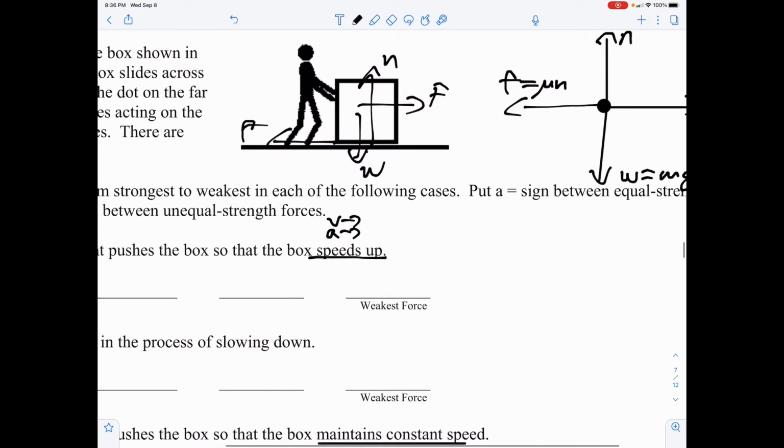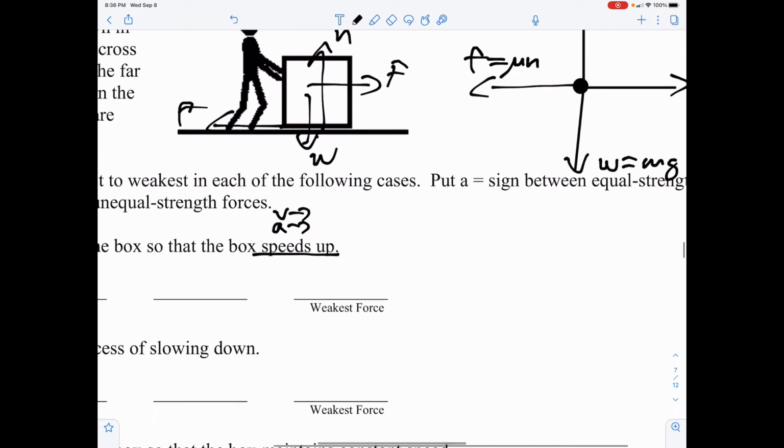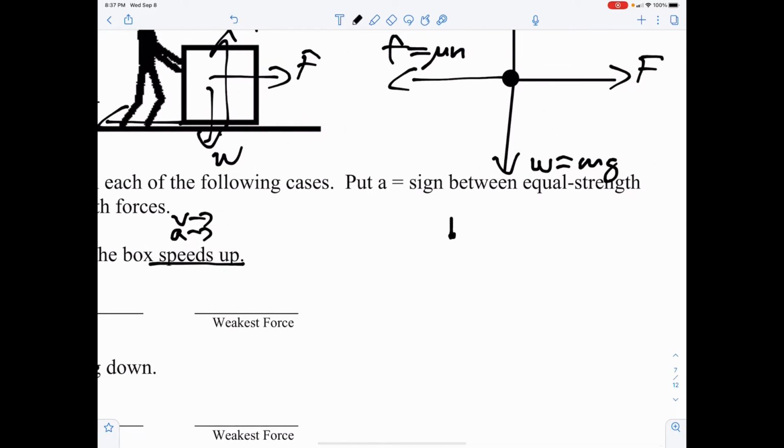So if we're pushing the box to the right, acceleration goes to the right. So if we redraw our force diagram, we have normal force, we have weight equals mg, we have F, and we have a smaller friction force.